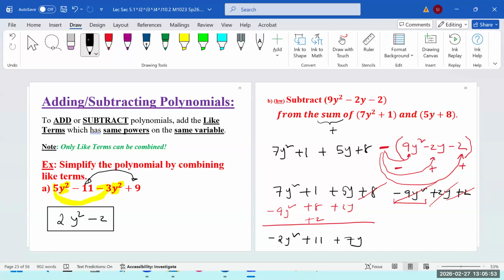But our degrees are in the wrong order. So to make it look nicer, we can write negative 2y squared first, and then 7y, and then 11. They are both the same. This one is just in an organized way, and the previous one is not. There is no mistake. It just looks different.